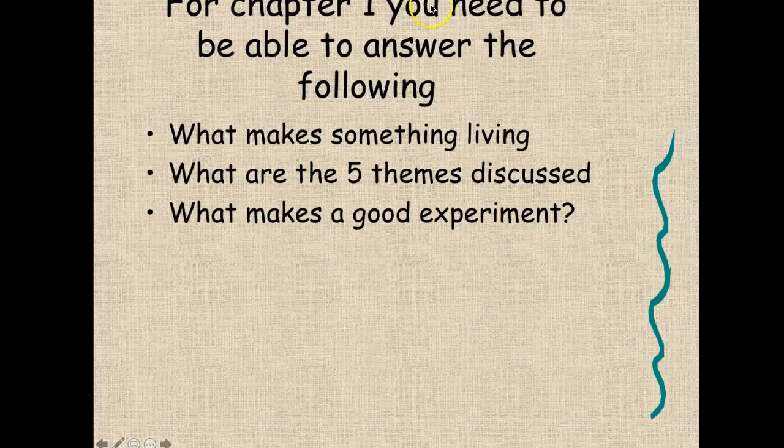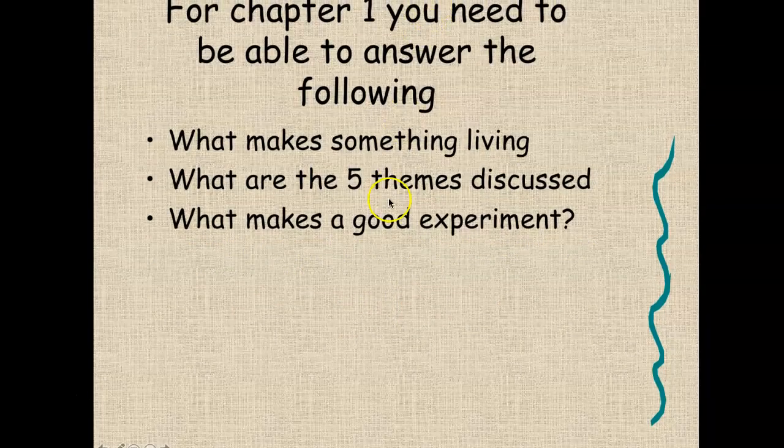So I'm just going to breeze through this because you don't need to know everything about all of these themes yet because that's what we're doing in this class. I just want you to know what are we going to be studying. So what I want you to know when I get done with page, let's see, we're going all the way through page 26. So I have 3 pages left in about 8 minutes or less.